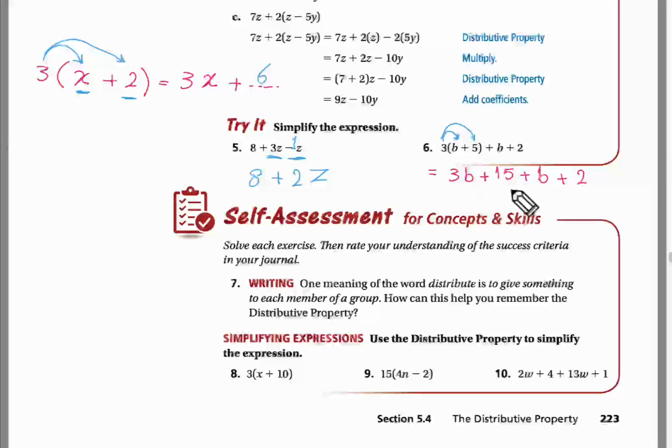Now, do you have any like terms to combine? Yes. Okay, which terms are like? 3b and b. Okay, and also we have 15, which is a constant, and 2 is a constant. So the constants are also like terms. Okay, let's start first with 3b plus b.